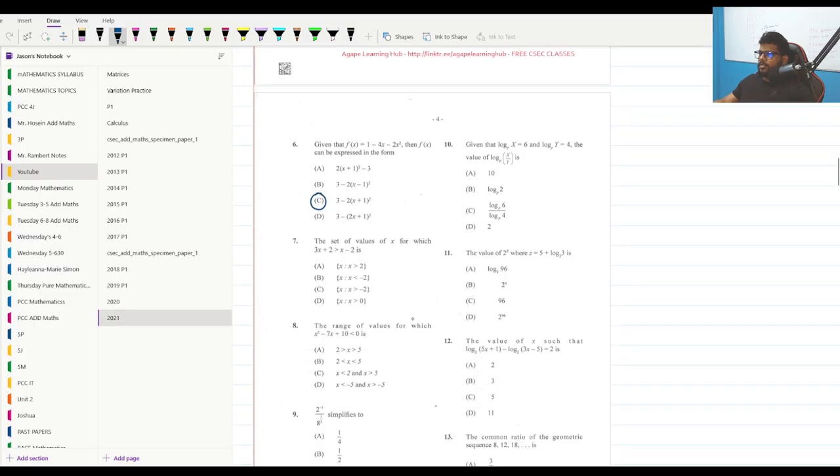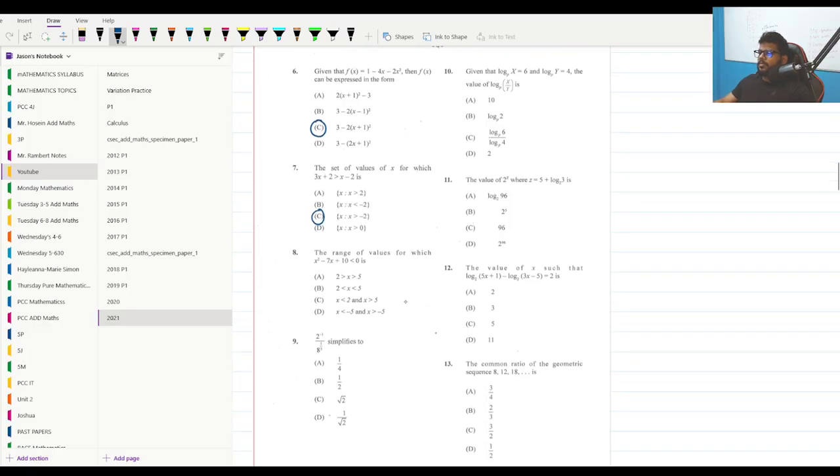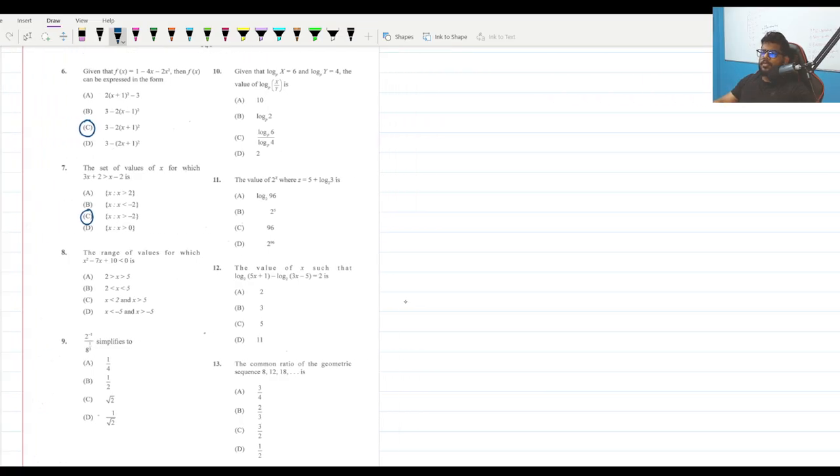Set of values for which x is greater than minus 2. Yeah, 3 minus 1 is 2, and minus 2 minus 4. Yeah, range of values. Now this one, they changed it up a little bit for questions like this. So I know the answer for this is 2 and 5 are my roots.